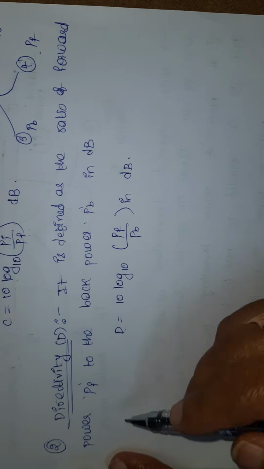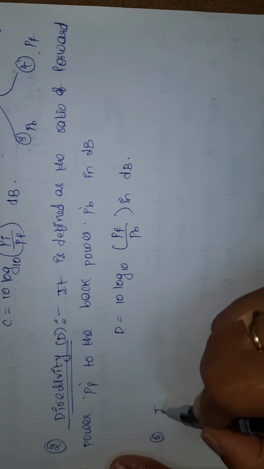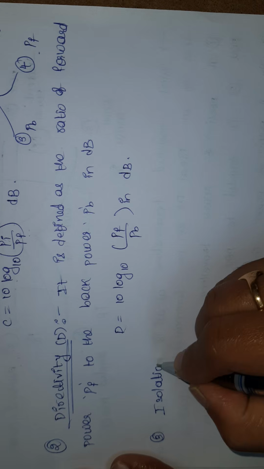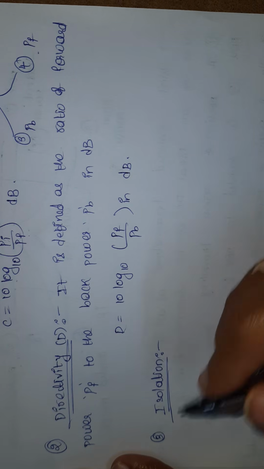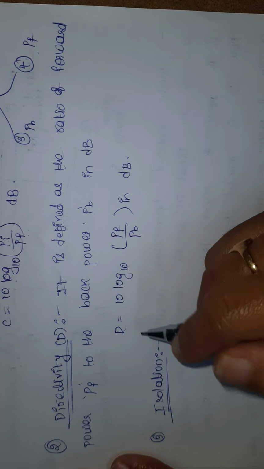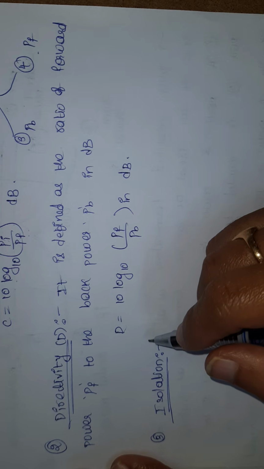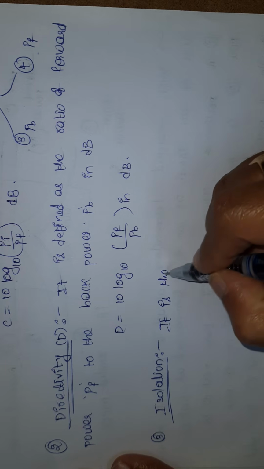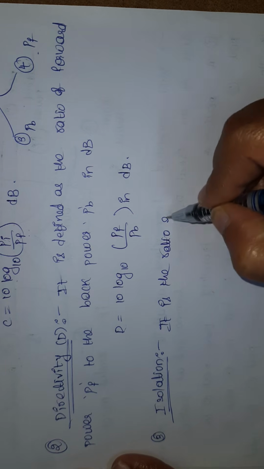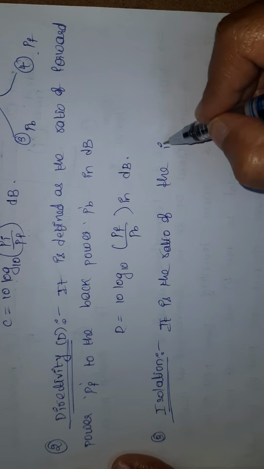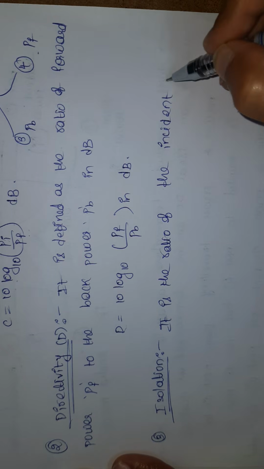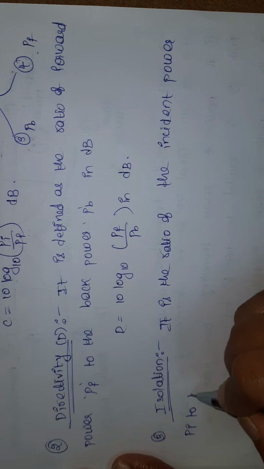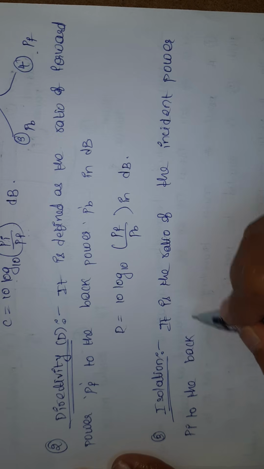One more parameter describing the performance of a directional coupler is isolation. Isolation, as the name itself says, is the ratio of the incident power Pi to the back power Pb.